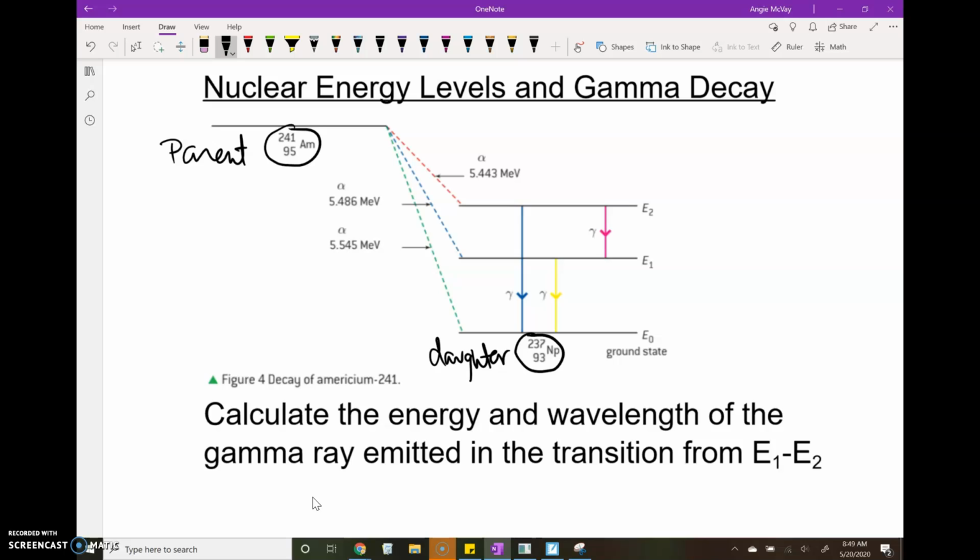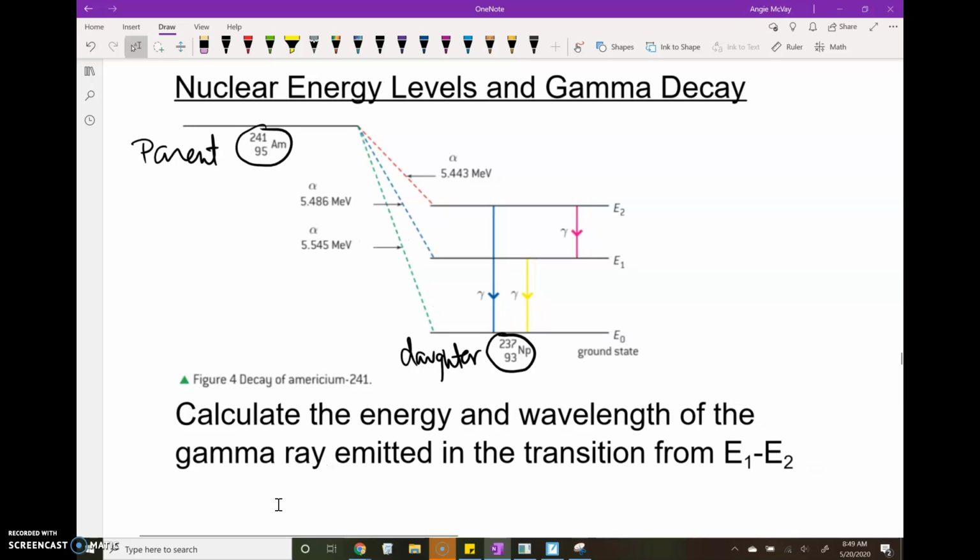All right, so if I wanted to calculate the energy that a daughter nucleus has and the wavelength emitted by a gamma ray from the transition from energy level 2 to energy level 1, we'd be looking at this transition here. Can we calculate the difference in energy between those excited states?